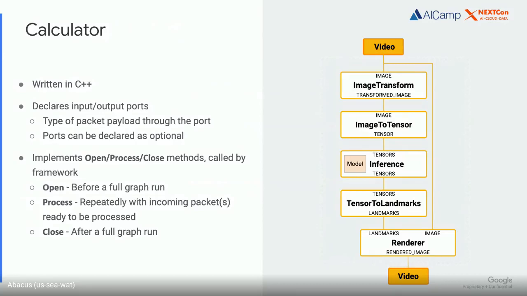And the API for defining calculators in MediaPipe includes a life cycle, which is basically a call to open, which initializes a calculator for a series of data, usually for one complete video. Repeated calls to process, one call to process for each packet of data, which arrives on all the input streams, and a call to close to allow the calculator to clean up after itself and to report a summary of everything it's seen.